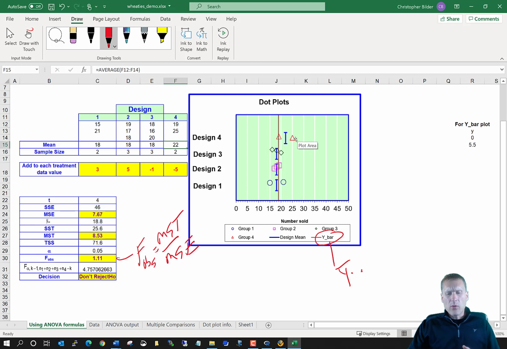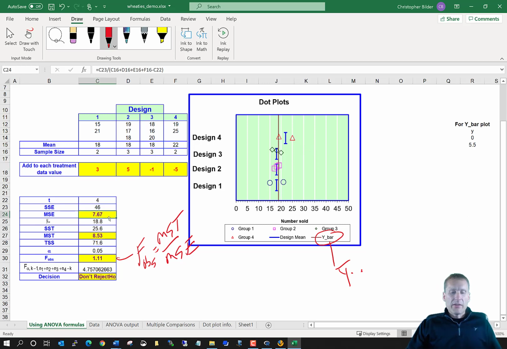But now design 4 seems to be shifted up a little bit. And so again, that might make you think, okay, something's maybe going on here. Something's maybe a little bit different about design 4. But I don't know really if that's enough information to say, yes, truly indeed there is a difference in the population mean sales for design 4 versus all the rest.